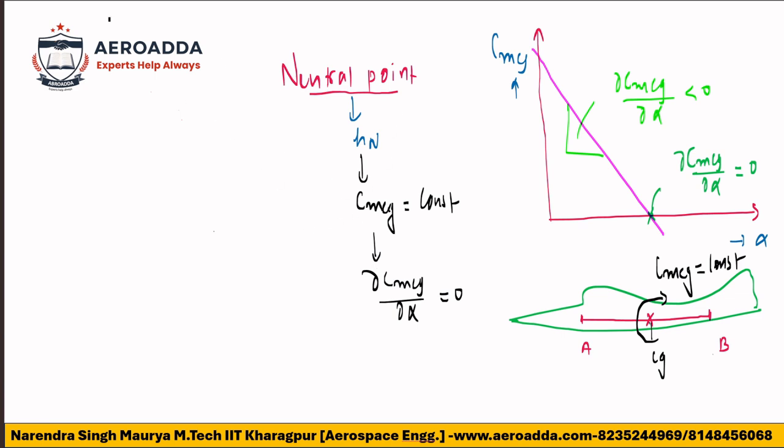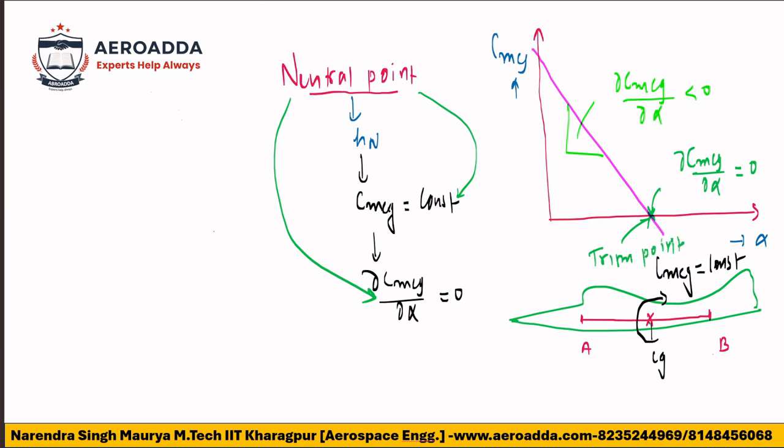Both are correct: the pitching moment about CG must be constant at the neutral point, or the slope ∂CMCG/∂alpha is equal to 0 at the neutral point. Technically this point is called the trim point. What is it called? Trim point.